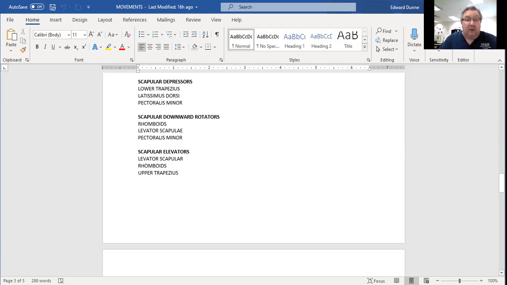All right. So the scapular depressors, the ones that bring the scapula downwards, that's the lower trap, the Latissimus Dorsi, and the Pectoralis Minor. Now, again, a lot of people forget about the Latissimus Dorsi, all right? Because everybody thinks, oh, Latissimus Dorsi is this big back muscle.